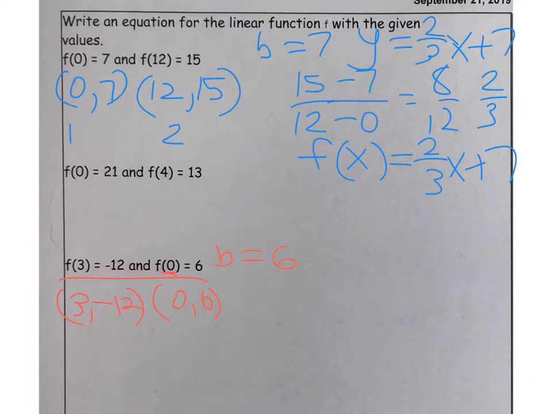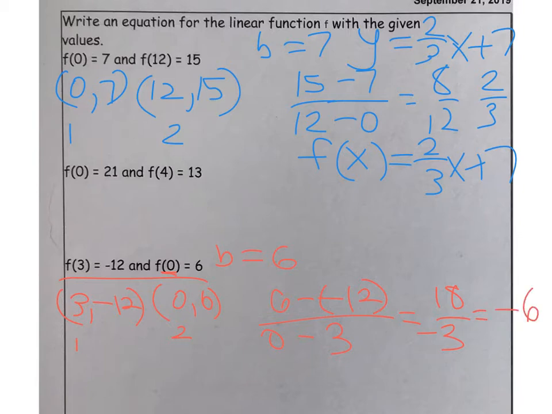So my change in y, if this is point 2 and this is point 1, 6 minus negative 12 over 0 minus 3. So that's going to be 18 over negative 3, so that's going to be a slope of negative 6.